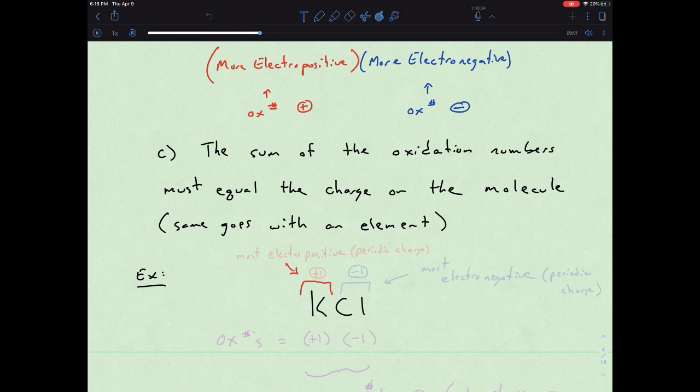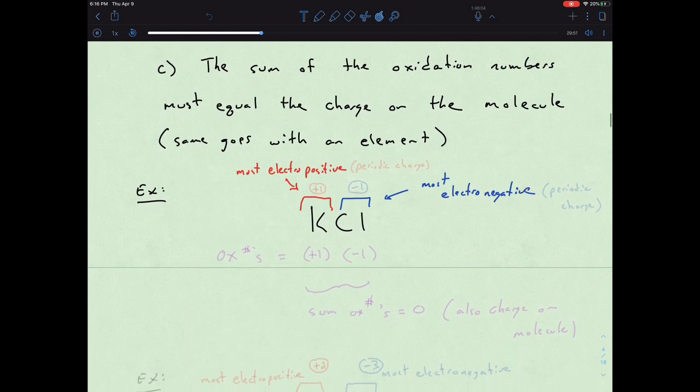This element is the most electropositive. We have our second element, and now this is the most electronegative. The charge that we would predict from the periodic table would be +1 for our potassium, while the charge that we would predict from the periodic table for the chloride would be -1.